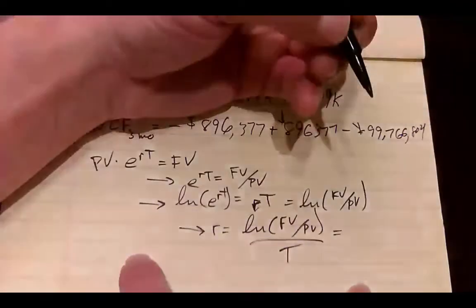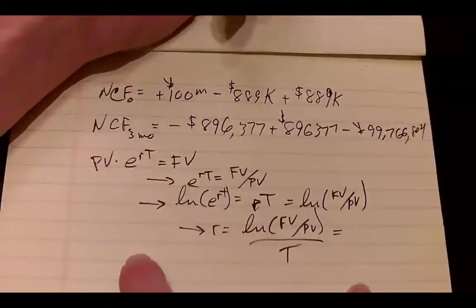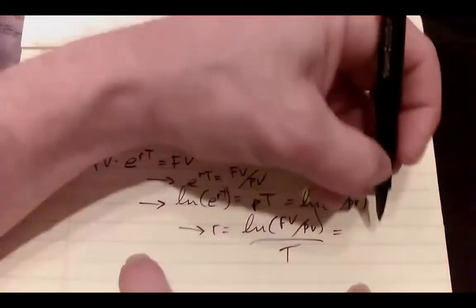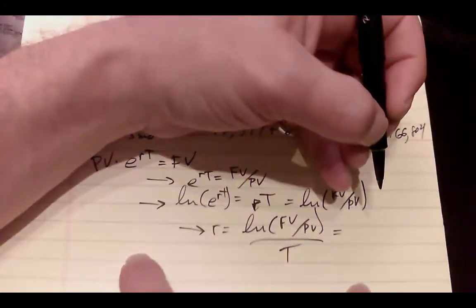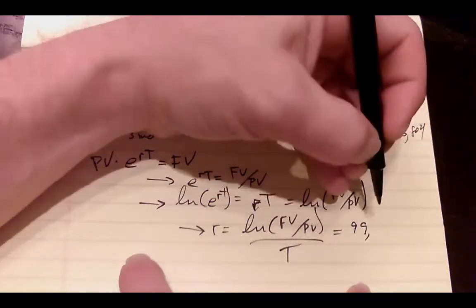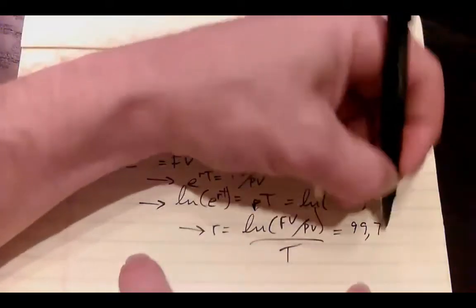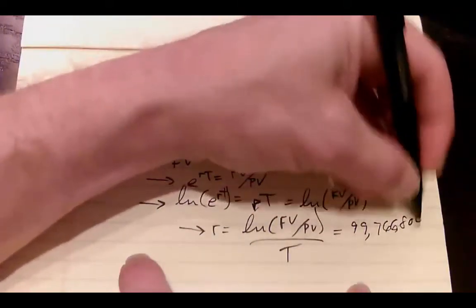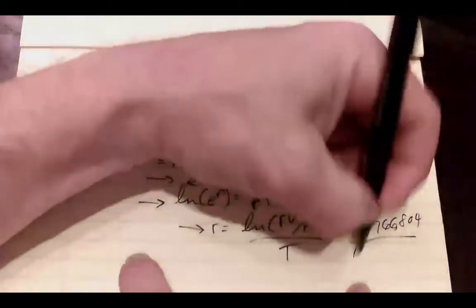In our case, that is, future value of our loan, it was that 99,766,804, both cash flows are in yen, and present value is the amount we borrowed, which is 100 million.